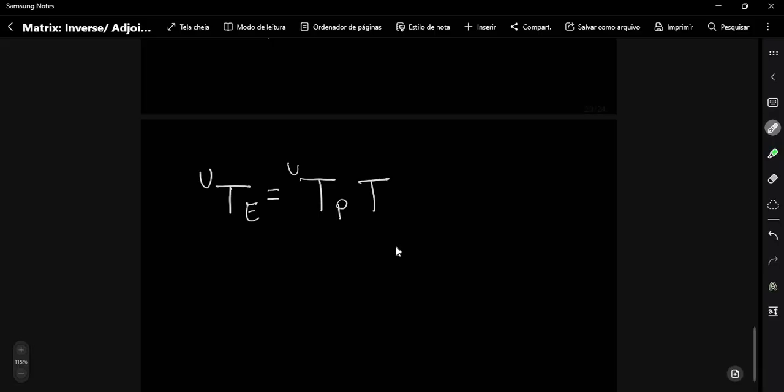Transformation of the frame E in relation to the frame U.